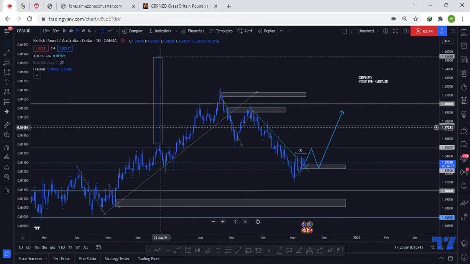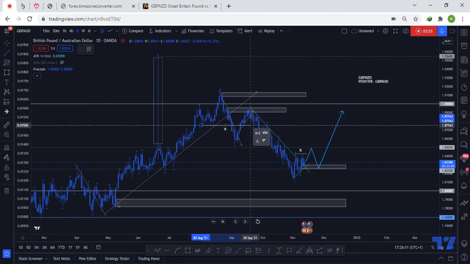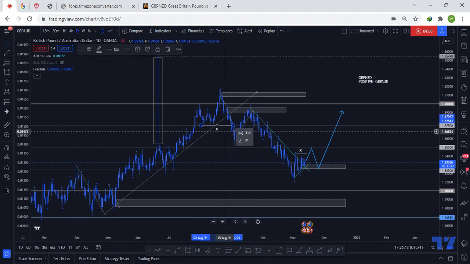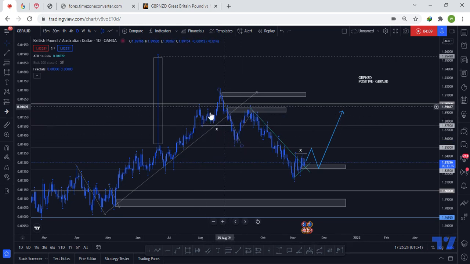As we broke out of this trend line, we broke a significant bottom. When we broke this significant bottom, we came back to retest, and the market started selling off.